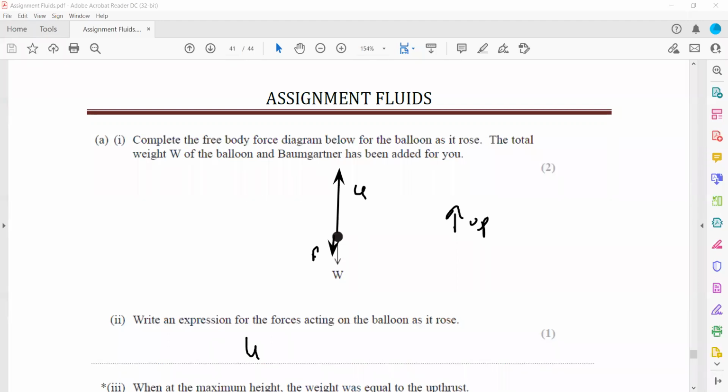But if it is accelerating up, then what should be my expression? Upthrust minus viscous drag minus weight is equal to ma, where m is the total mass.